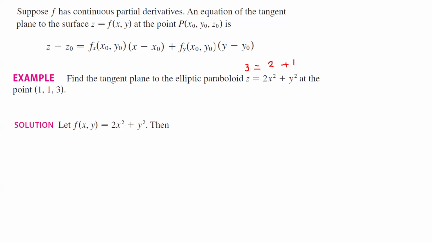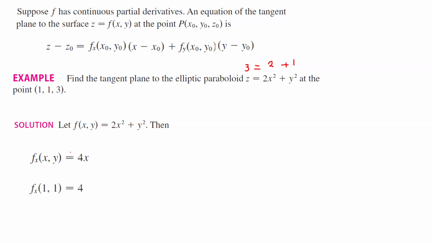This is a two-variable function. f of x and y is 2x squared plus y squared. Now, let us take the partial derivative of f with respect to x, which becomes 4x. In this case, you set y equal to a constant, so the derivative of 2x squared becomes 4x.